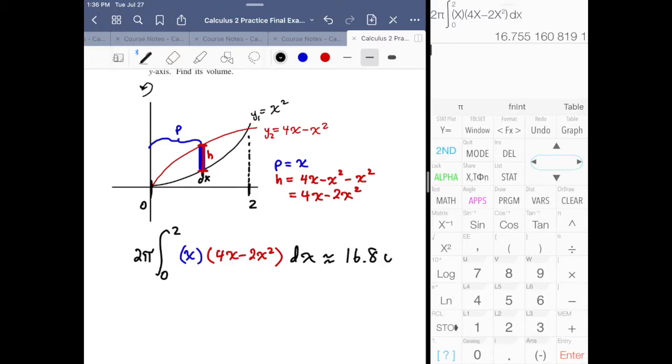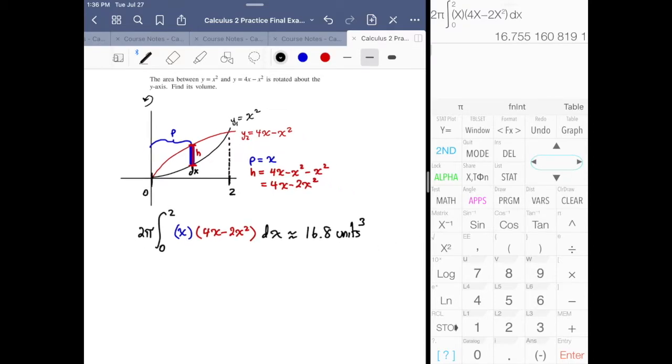There's a volume, so units cubed. So that's the shells method, cylindrical shells.